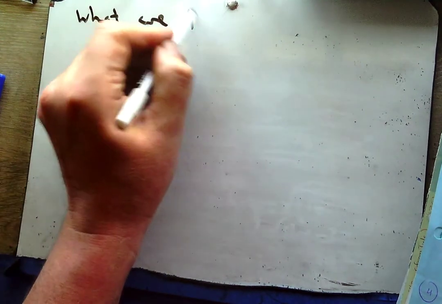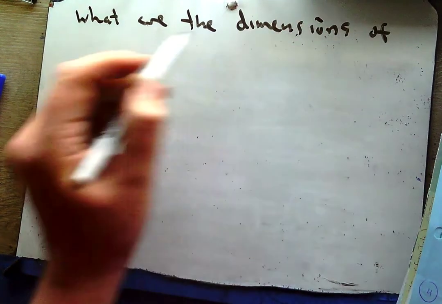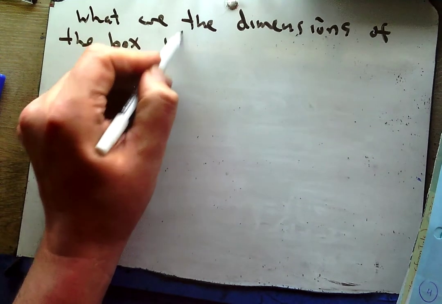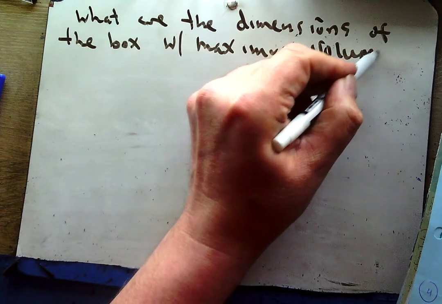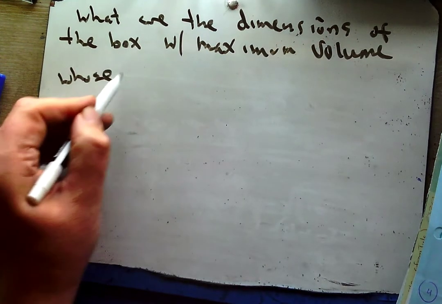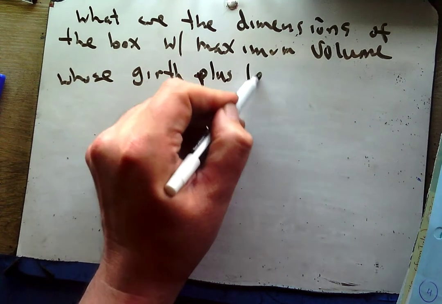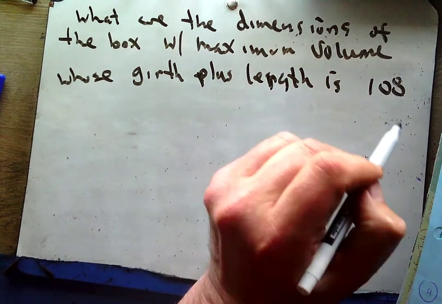All right, next problem. Remember this one? What are the dimensions of the box with maximum volume whose girth plus length is 108.